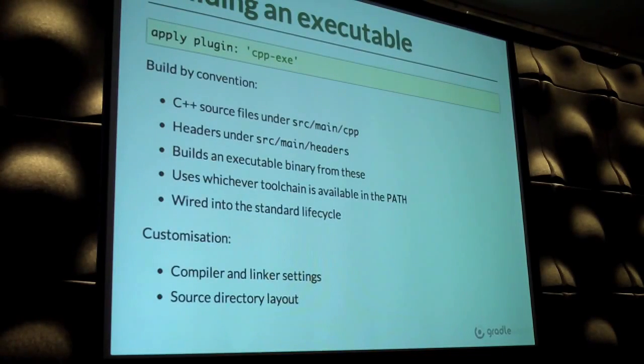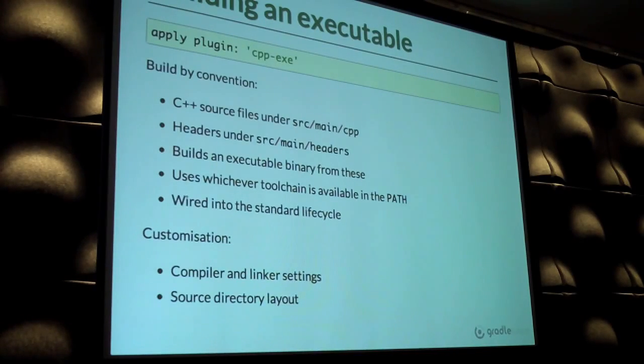So let's start with building an executable. So we have the CPP exe plugin, and that's a build by convention plugin. So if I put my source in the right places, source main CPP, and my headers under source main headers, Gradle will find that, it'll compile all that stuff, link it into an executable.